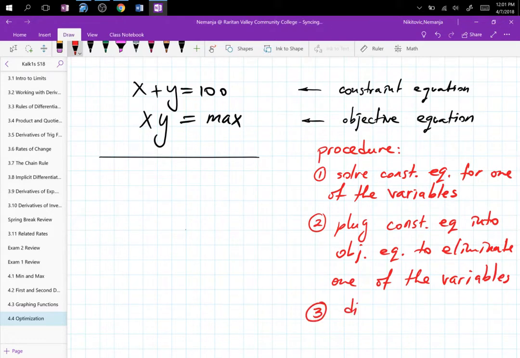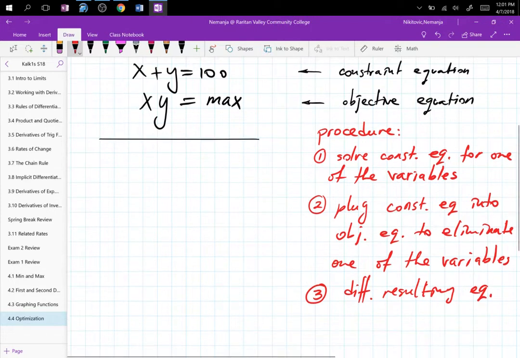Three, differentiate the resulting equation. Four, set it equal to zero and solve for the variable. That's it. That's your procedure.